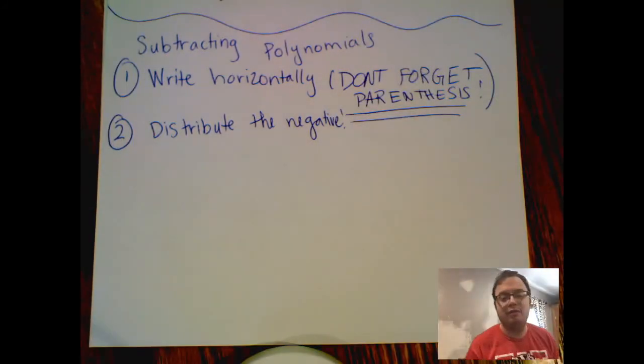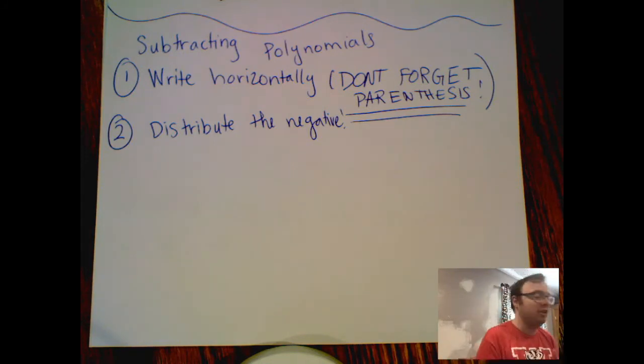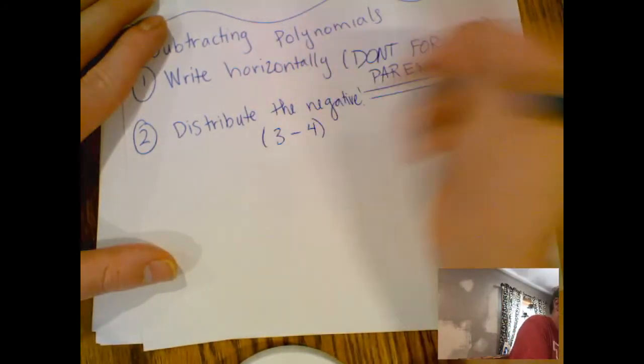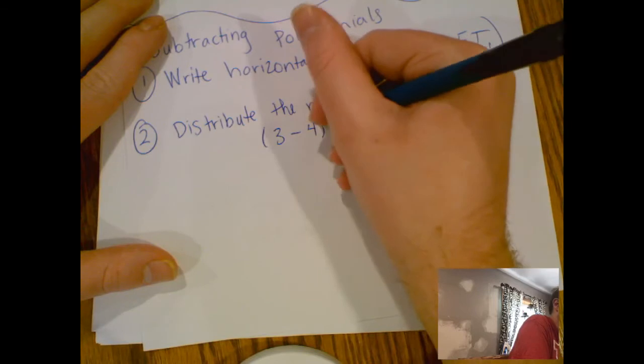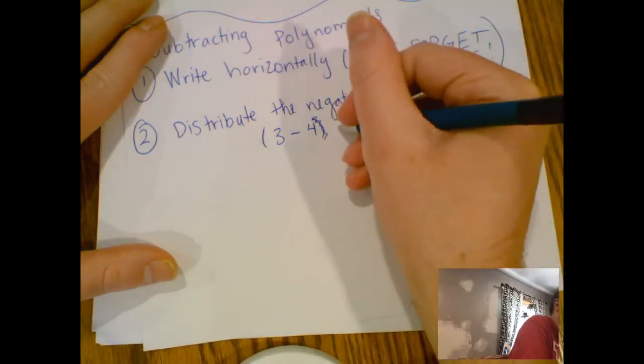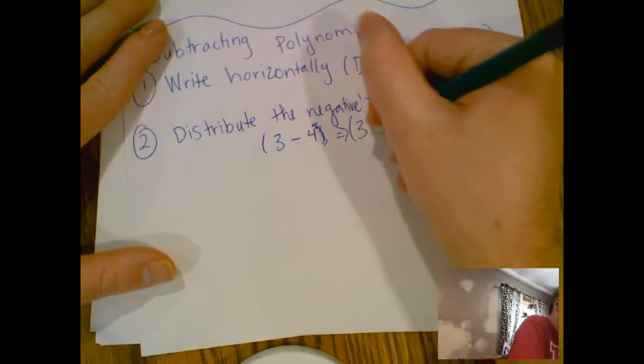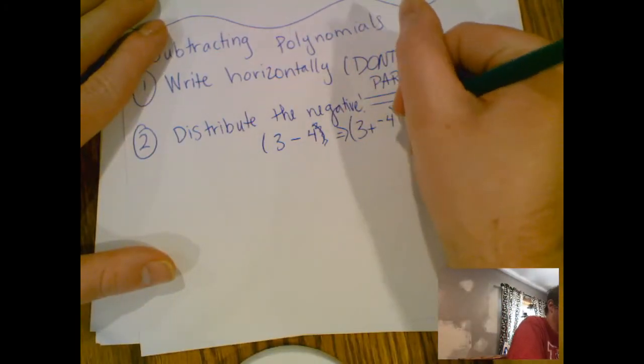Distribute the negative. Once you do that, now we can just treat this like any old addition, because it's like, for instance, doing 3 minus 4. Now it's like saying, once I distribute that negative, 3 plus negative 4. It's like changing it there.